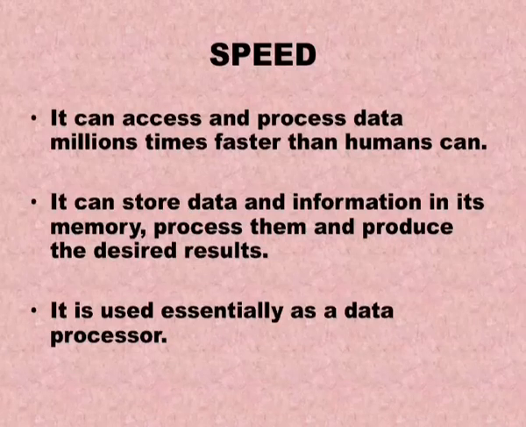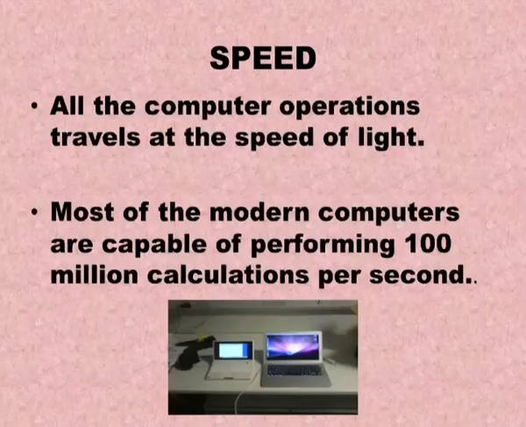It can store data and information in its memory, process them and produce the desired results. It is used essentially as a data processor. All computer operations are caused by electrical pulses that travel at the speed of light. Most modern computers are capable of performing 100 million calculations per second.